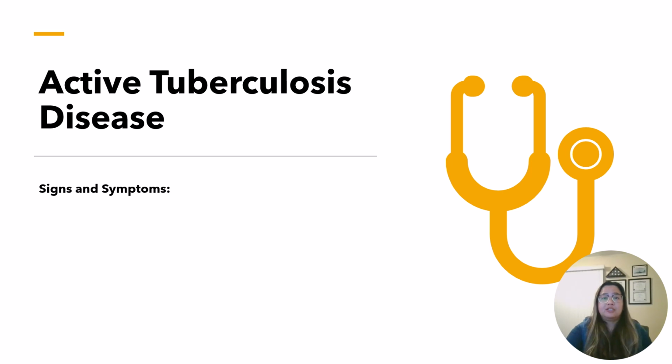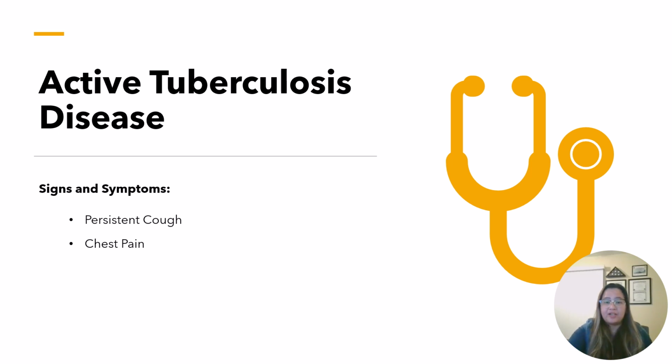Active tuberculosis disease occurs when the immune system cannot keep TB bacteria from multiplying in the body and causing symptoms. The most common signs and symptoms of the disease are a cough lasting more than 3 weeks, sometimes with blood-tinged sputum.